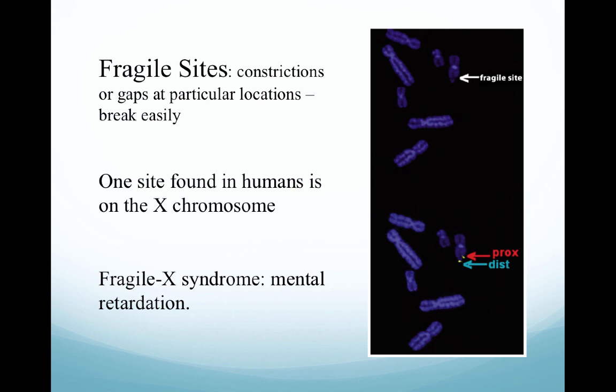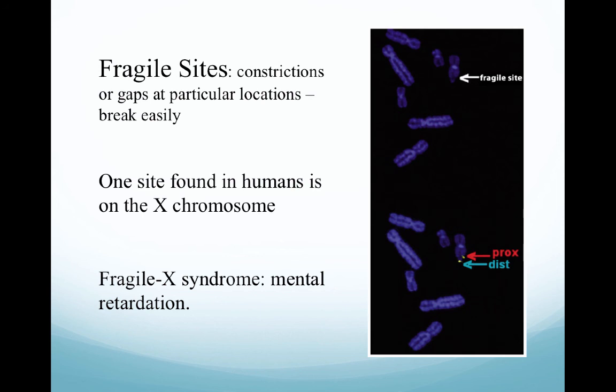All right, so one more comment about chromosome structure before we jump into the rest of the chapter in the next video, and that is fragile sites. Fragile sites on chromosomes are constrictions or gaps at a very specific location, and these gaps enable chromosomes to break easily. One example that we see in humans is on the X chromosome, the chromosome that's specific to females.